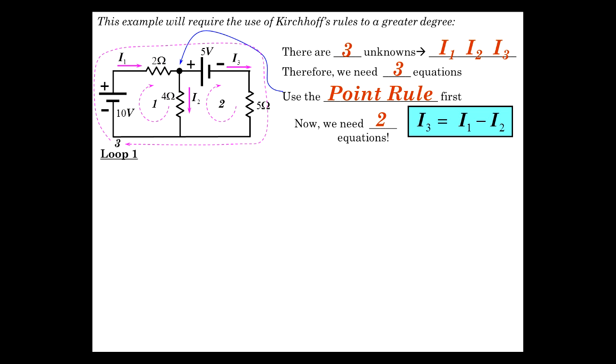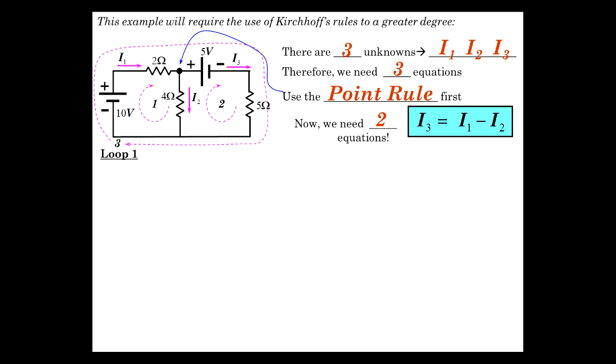There's lots of data here now, more data than we need. Because we've used the point rule to get us to only have 2 unknowns, namely I1 and I2. It's the only thing that we really don't know, because once we know those, we'll know I3. So getting 2 equations is good enough.